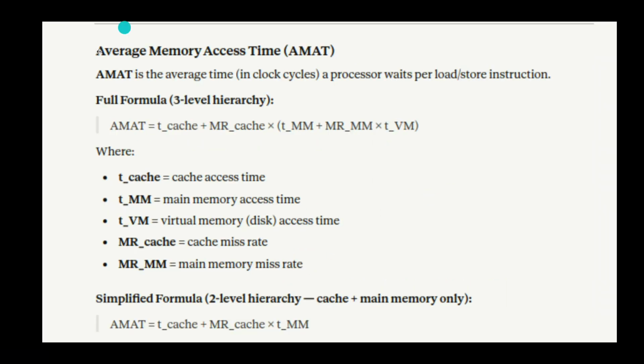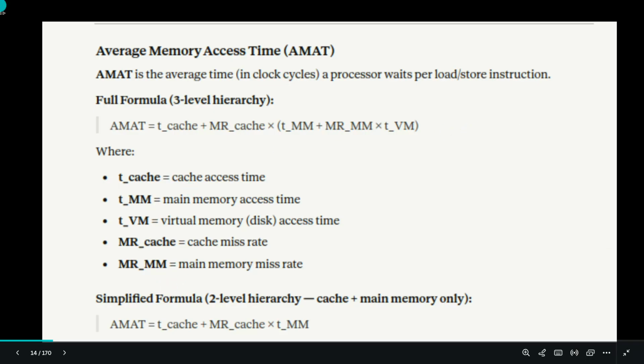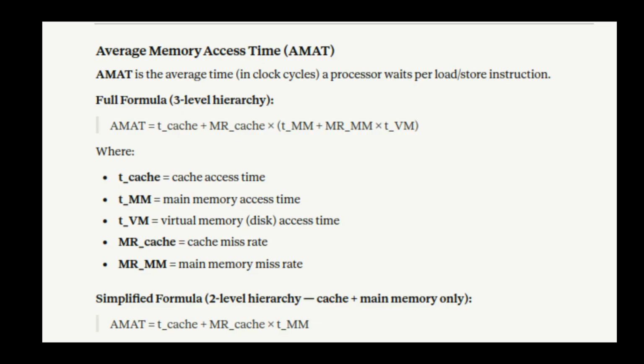Okay, so average memory access time: if you have a 3-level hierarchy, how can you calculate it? The 2-level hierarchy includes only the cache and the main memory. But here we are accessing from the cache.